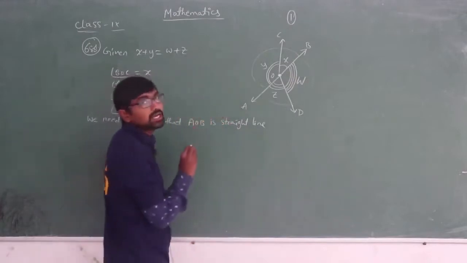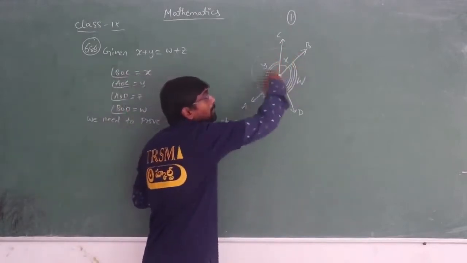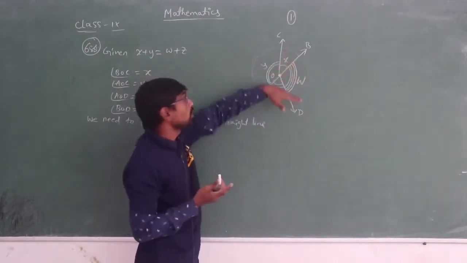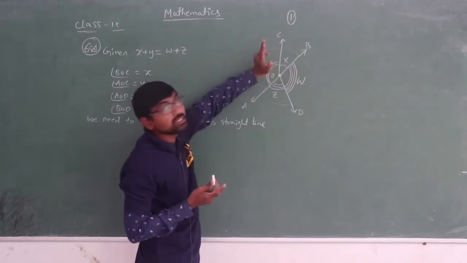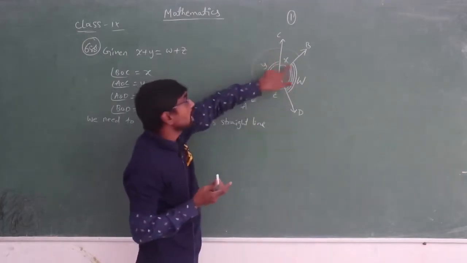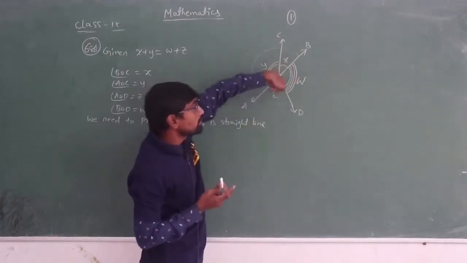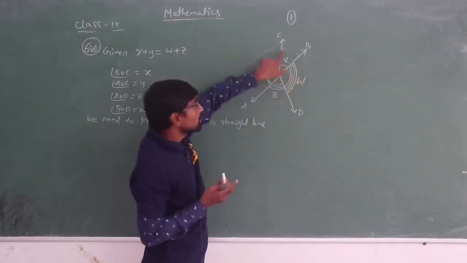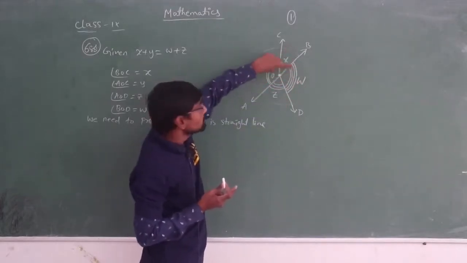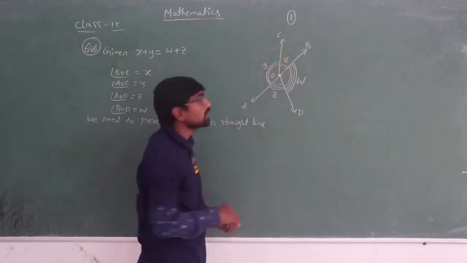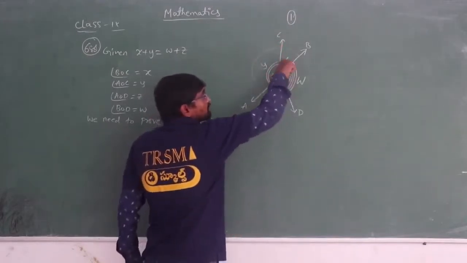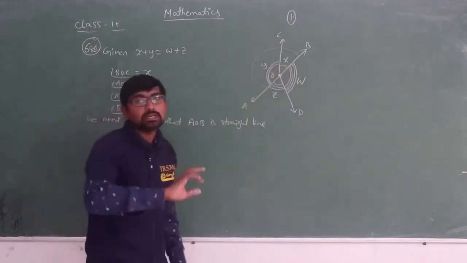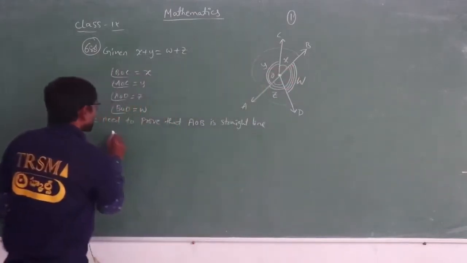So for proving that we need to take the complete angle, because these 4 angles are forming a complete circle. From the complete angle, what do we know?